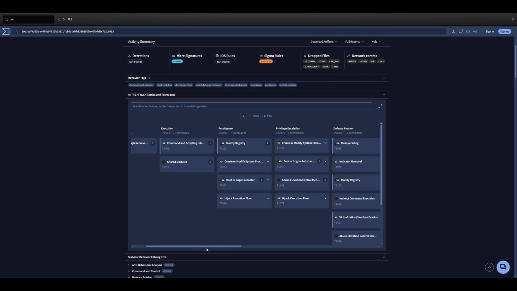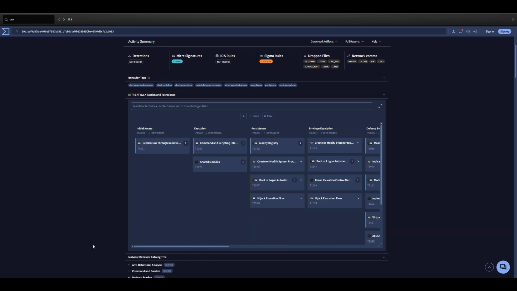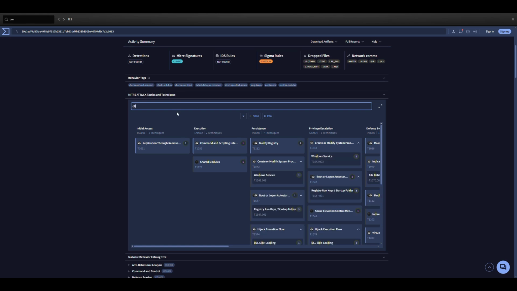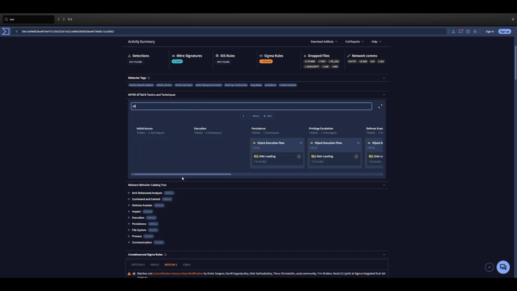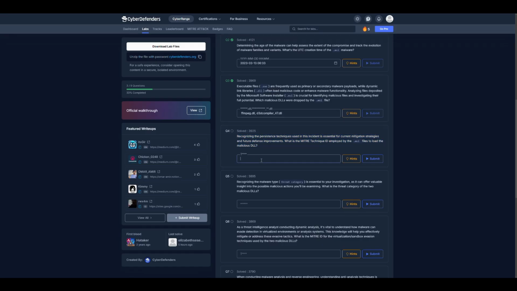malware attack. Deep dive: DLL side-loading execution flow, mapping to MITRE ATT&CK T1574.002. The core of this attack is DLL side-loading. As seen in the lab, a legitimate executable is used to load a malicious DLL, specifically ffmpeg.dll.